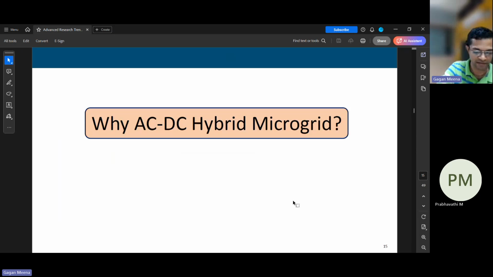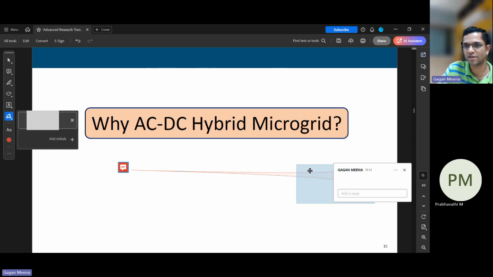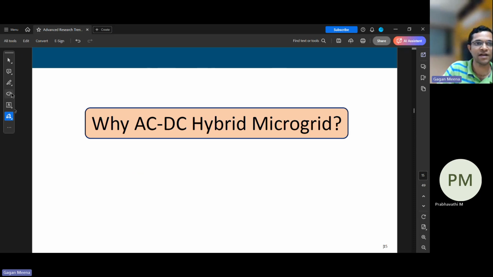Yes. We were here at AC-DC hybrid microgrid. So we have AC loads, we have DC loads, we have DC source. We have AC source, AC loads.